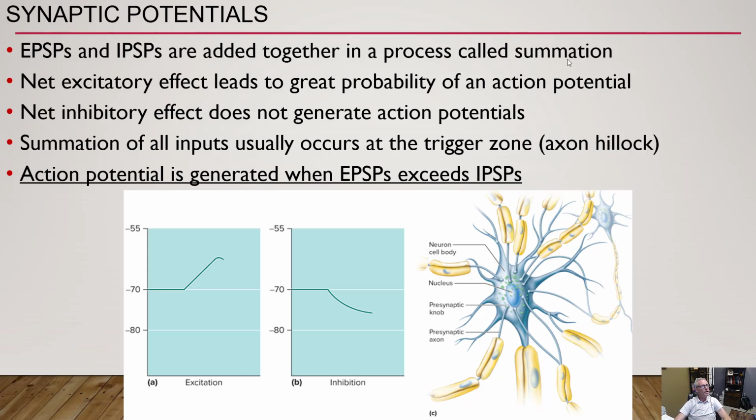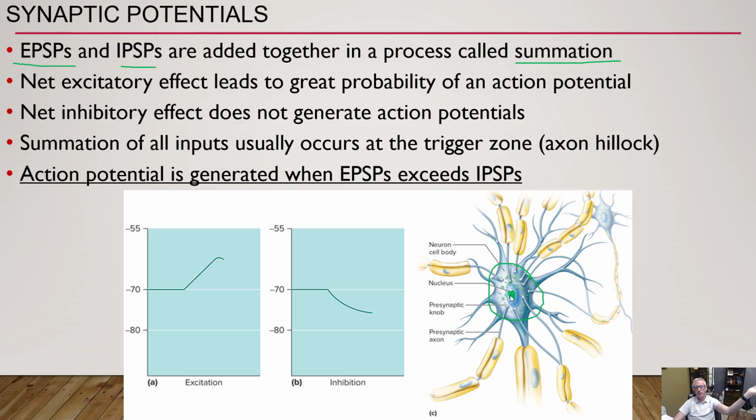We have to do this process called summation. We have neurons that are either excitatory or inhibitory, and you can see here in this picture that there are many different neurons synapsing with this one neuron right here.